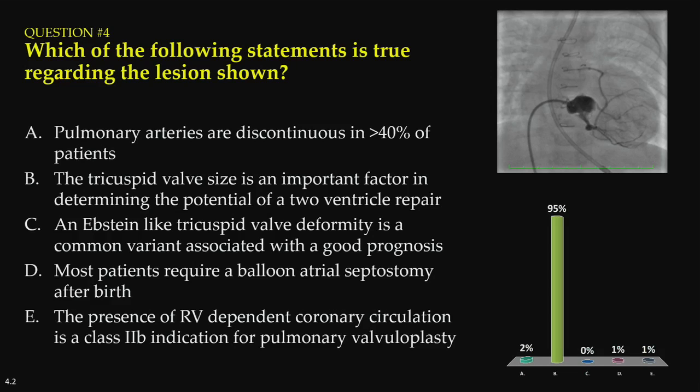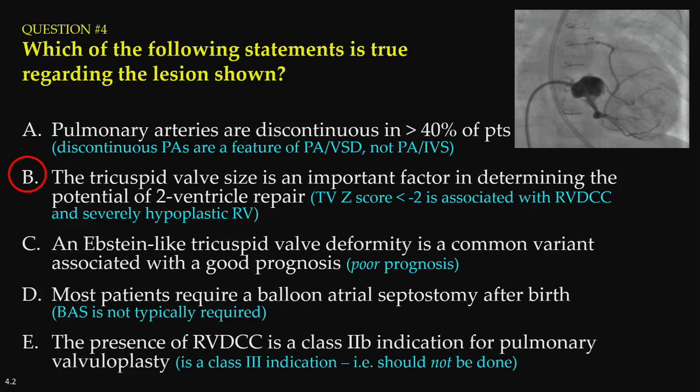Great, perfect. So this is exactly right. The tricuspid valve is an important factor in determining whether or not you can treat this ventricle or whether or not this ventricle will participate in a two-ventricular circulation. So the first is not correct because discontinuous PAs are a feature of pulmonary atresia with a VSD, not pulmonary atresia with intact ventricular septum.